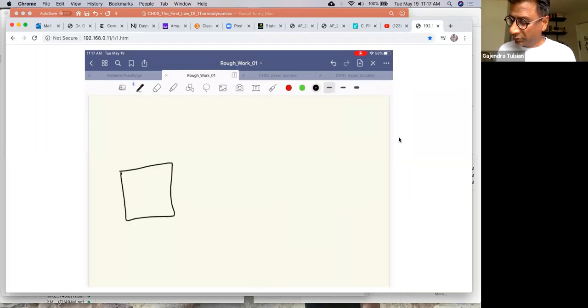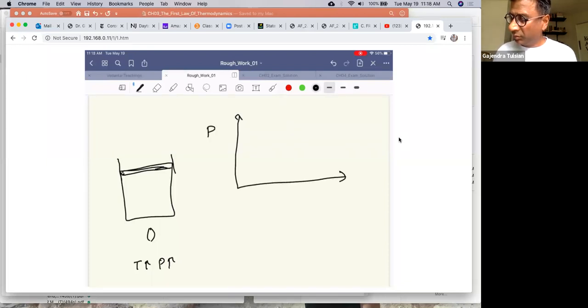So here's a gas, and we'll heat this gas. The volume is fixed and we're adding heat to the system. And when you add heat, the temperature will increase and the pressure will increase as well. So this process can be represented on a PV diagram like so.